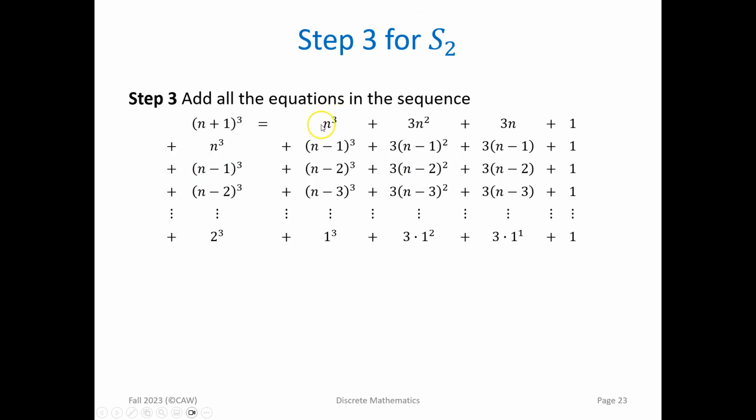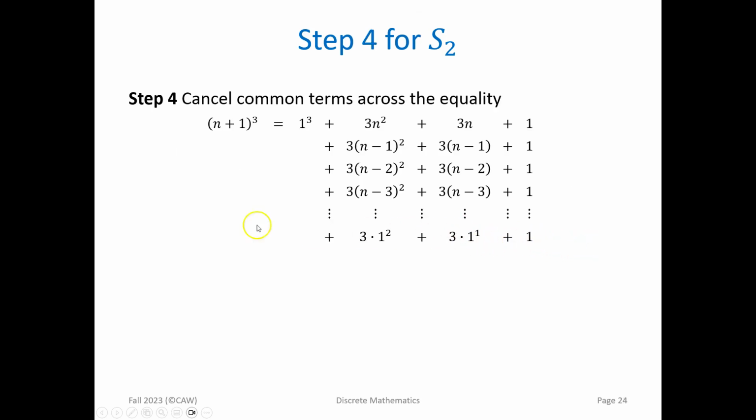We can see that we have the original equation, then we add the terms with n minus 1. So we'll have the n minus 1 cubed squared into the first, then the terms with n minus 2, n minus 3, going on until we end up with 1 cubed plus 3 times 1 squared plus 3 times 1 to the first plus 1.